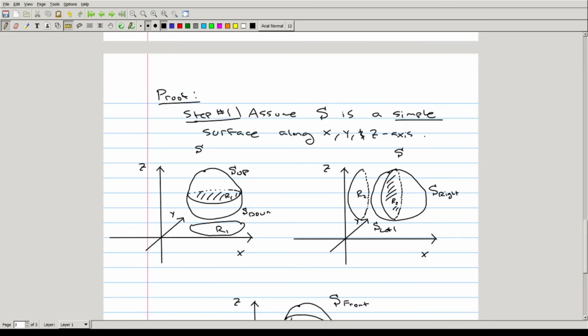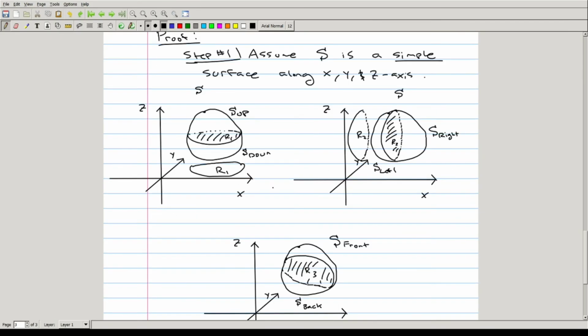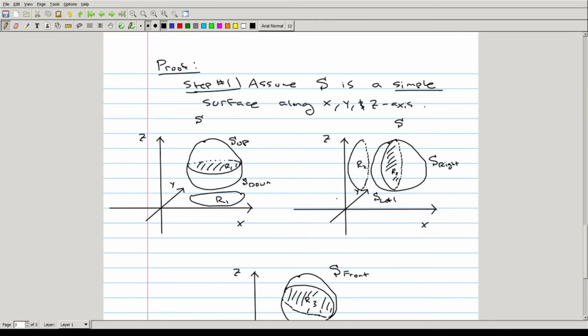Our first proof is going to be to go through and do this. So this is step 1 right here, and I've already drawn some pictures here, so you want to copy these pictures into your notes. But for step 1 of our proof, we're going to assume that S is a simple surface along the x, y, and z axis.